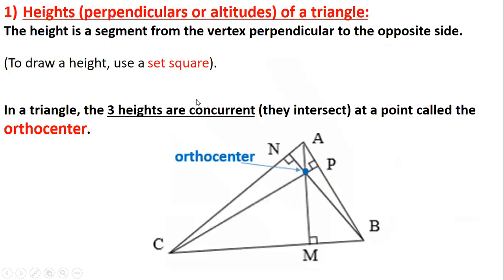Let me start with the first line. The first line is called a height. It has other names: a perpendicular, or an altitude. So the first line I will talk about has 3 names: height, perpendicular, or altitude. It has a definition. You see this definition here. I want to underline the definition for you to be clear.